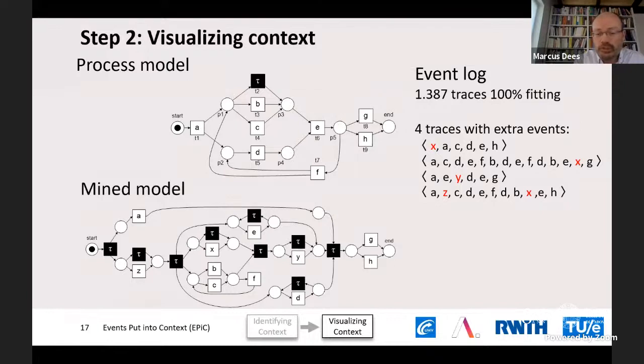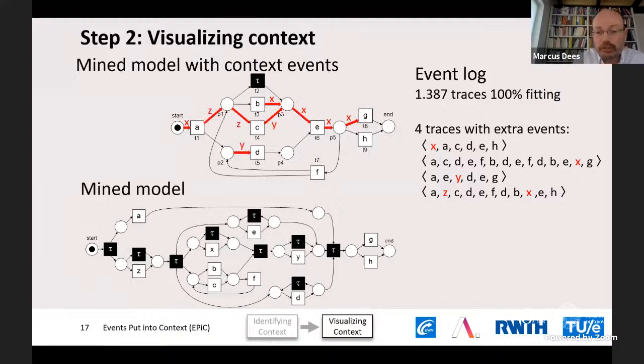But when we do not use the context events in the discovery, but only visualize them afterwards, we can actually rediscover our original process model, which is shown in the top left, without any of the previous disturbances. And we can also see where in the process model the context events are localized. This can give insights into where these types of events may influence the process. We also have an example of this in our paper using the sepsis log.